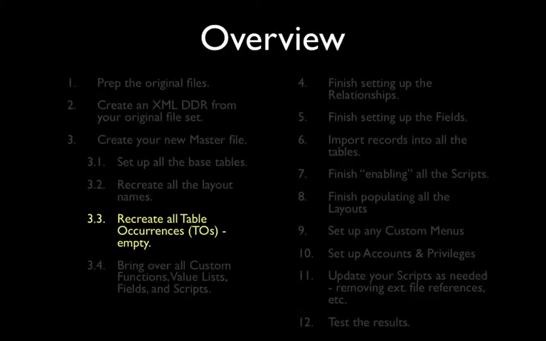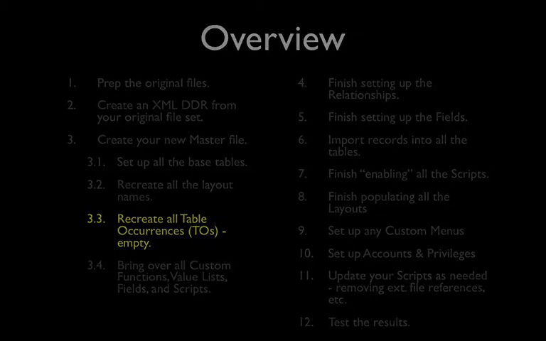Once you've created all of your master files or master tables inside your new master database, you're going to want to set up the relationship graph so that it resembles the one from the original file.